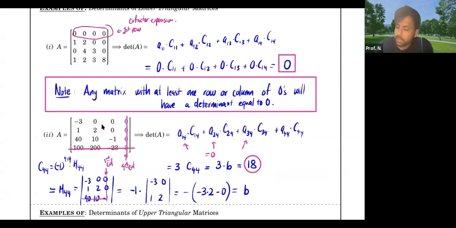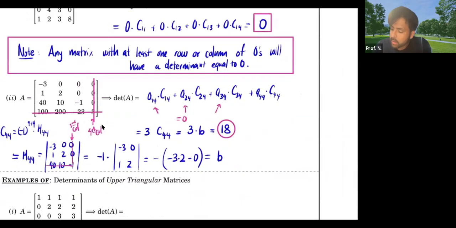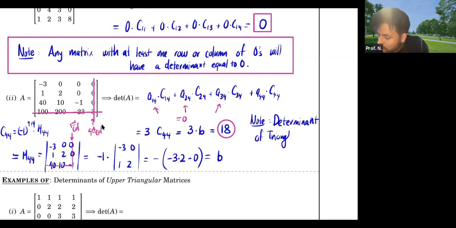So the note here is that the determinant of triangular matrices is the product of the diagonal entries.